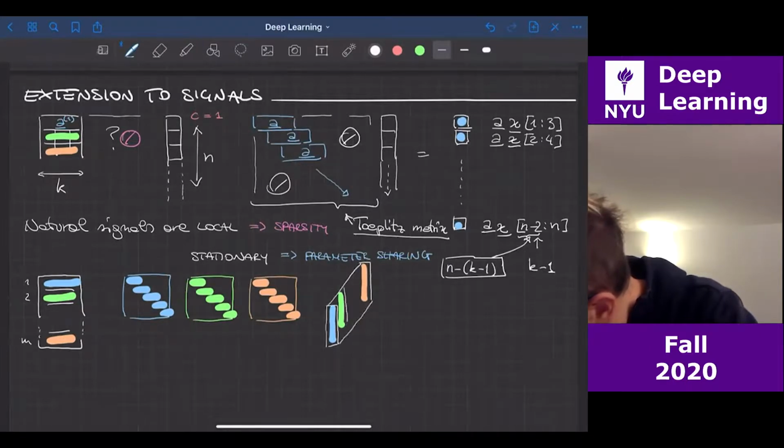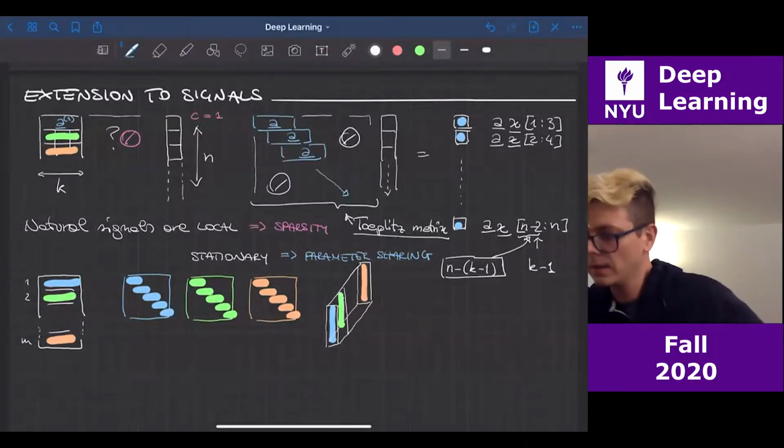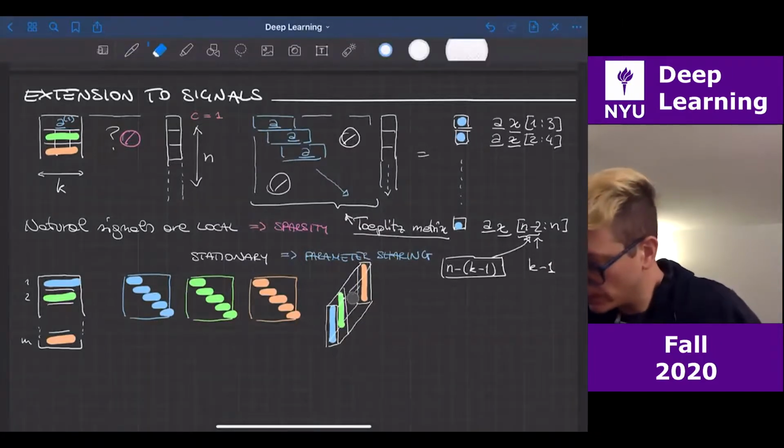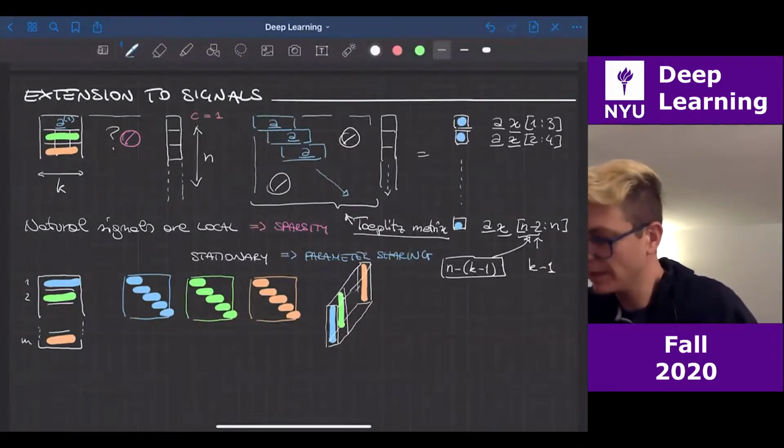This is the second one. Okay, I cannot draw, sorry, because I don't have space. Okay, this was the last one, something like this, okay? And we go up, like this. All right, I made a mess.